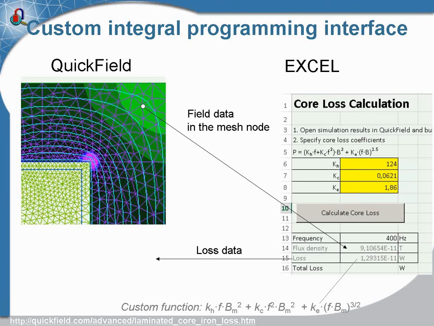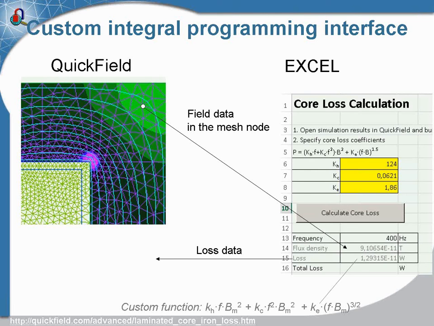The process is repeated for each point, and then the total integral value is calculated in QuickField. This technique could be used with any problem type and any expression, and there are a lot of parameters that could be calculated in the point. But in case of core loss calculation, we need only the flux density value.